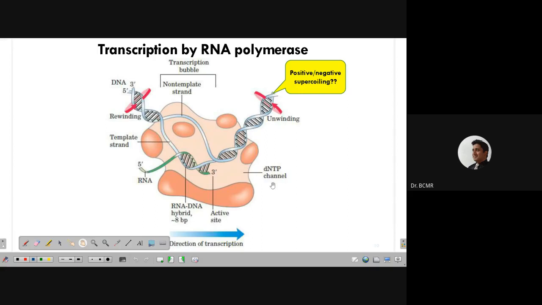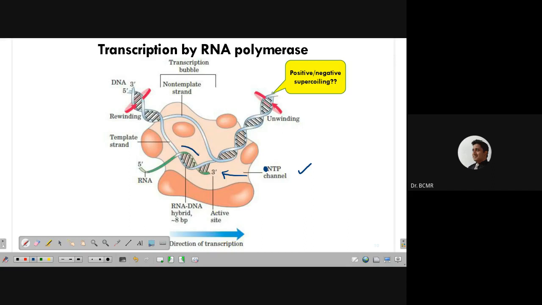And then you have NTPs, ribonucleoside triphosphates. Sorry, one second. If this is RNA polymerase, this should be NTPs, ribonucleotide triphosphates, isn't it? And they come in and get polymerized here in the active site.